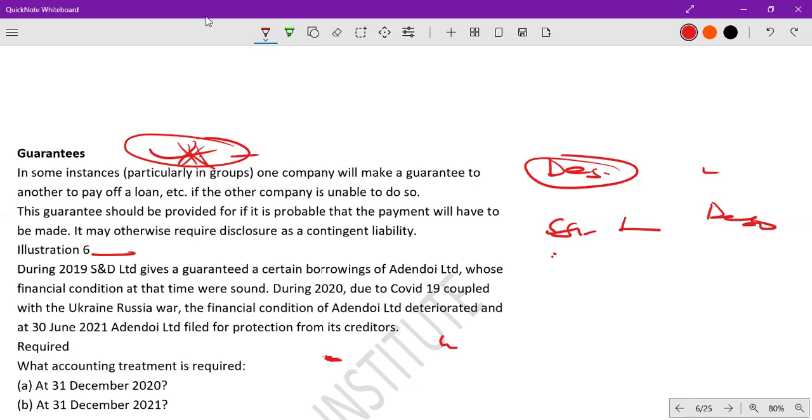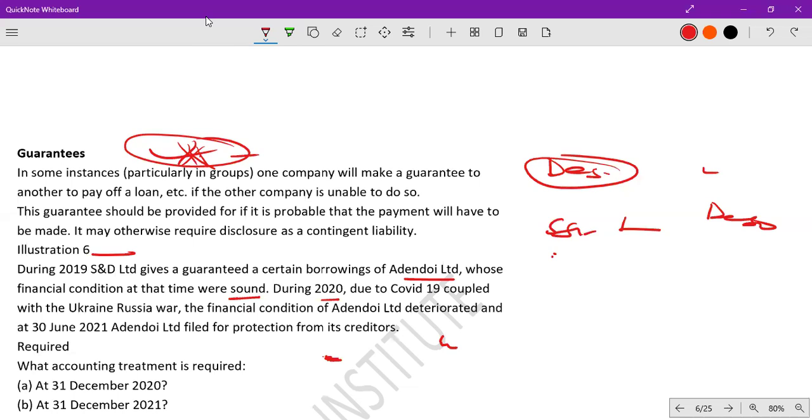Illustration 6. S&D Limited gives a guarantee to a certain borrowings of I Limited, whose financial conditions at that time were sound. During 2020, due to COVID-19, coupled with the Ukraine-Russia war, the financial condition of I Limited deteriorated.